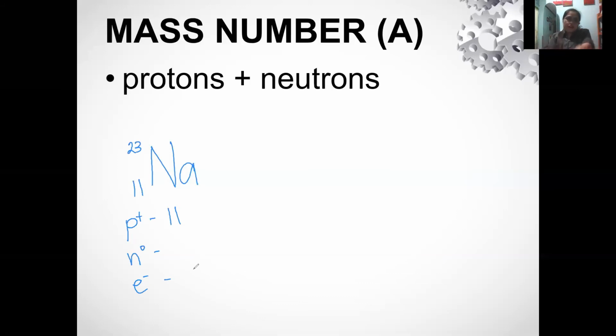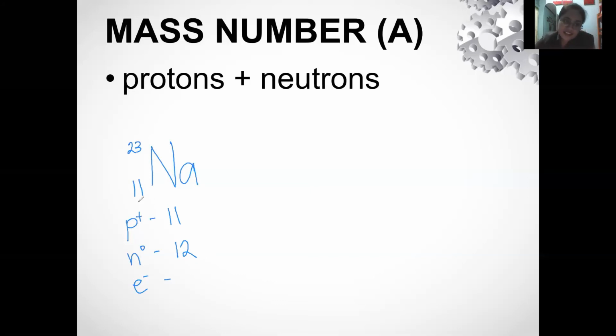Now, for the neutron, diba, sabi ko kanina, ima-minus mo lang atomic mass or mass number minus the atomic number will give you the number of neutrons. So 23 minus 11 is 12.